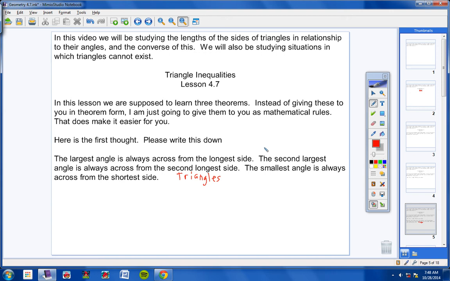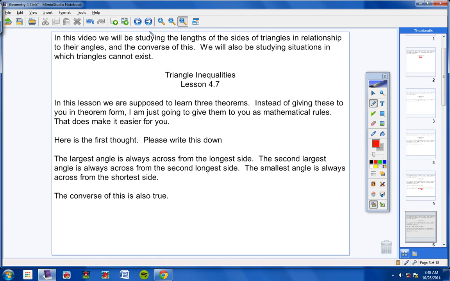The largest angle is always across from the longest side. The second largest angle is always across from the second longest side. And the smallest angle is always across from the shortest side. While you're copying this down, also write down this next really short sentence: the converse of this is also true.